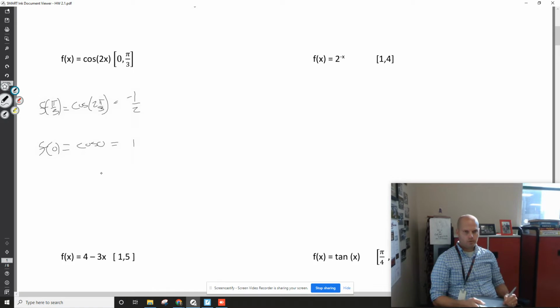If you want to use the slope formula, I went down 3 halves over the course of going over pi over 3. From 0 to pi over 3, I add pi over 3. So this is telling you like what happened over the interval. When you divide the two numbers, you get a rate.